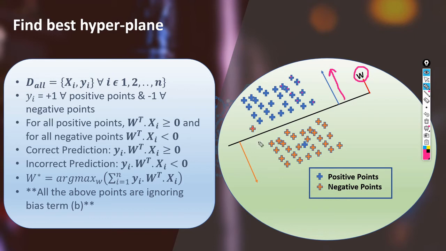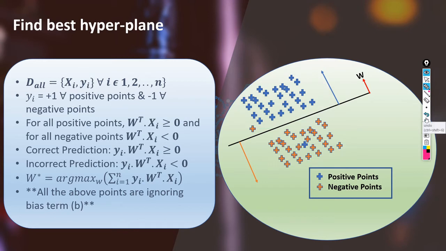Even this negative point, which should ideally be here but is misplaced as an error, is in the same direction as this hyperplane's normal, right? And similarly, all the negative points are in the opposite direction. In simple terms, all the positive points are on this side of the hyperplane and all the negative points are on this side.